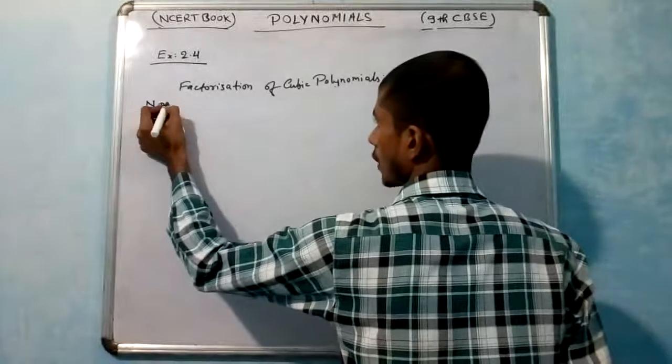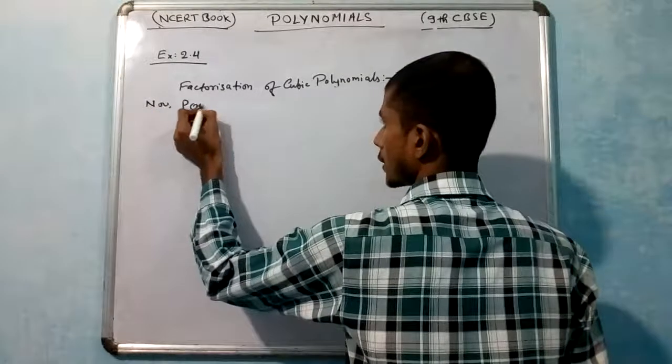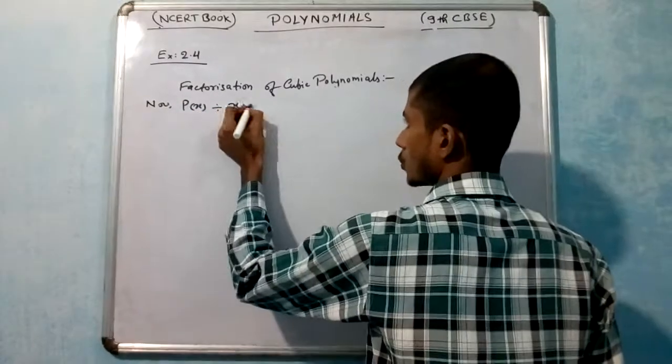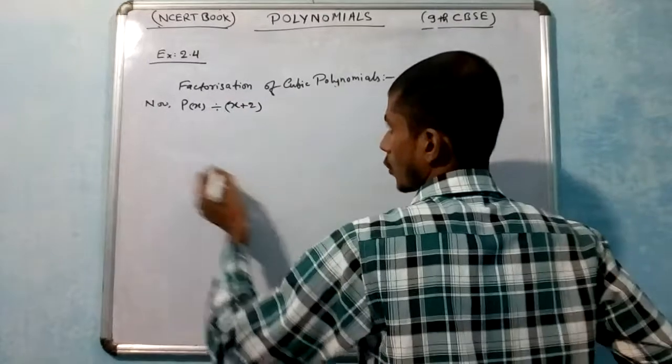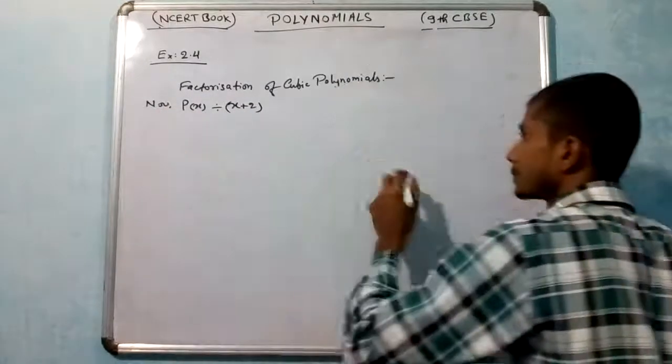So we had written now after that p(x) divided by x plus 2. Now what was p(x)?